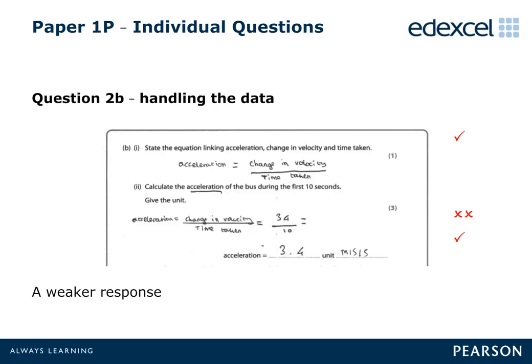This student has recalled the correct equation, spoiled their calculation, but still used an acceptable unit. For this unit, the form meters per second was accepted, but meters per second squared is the preferred way to show this.